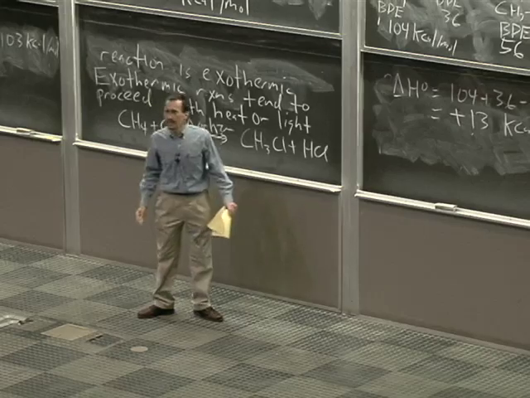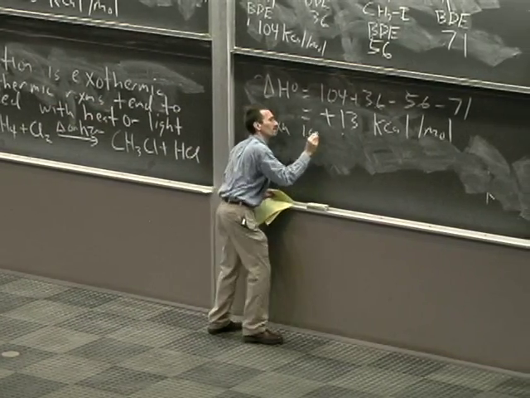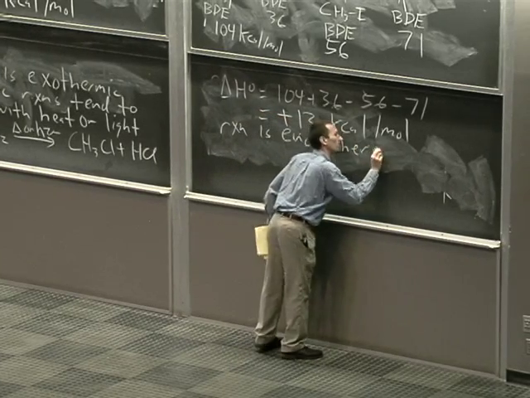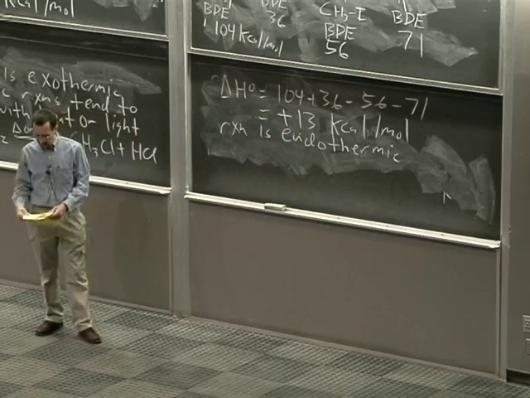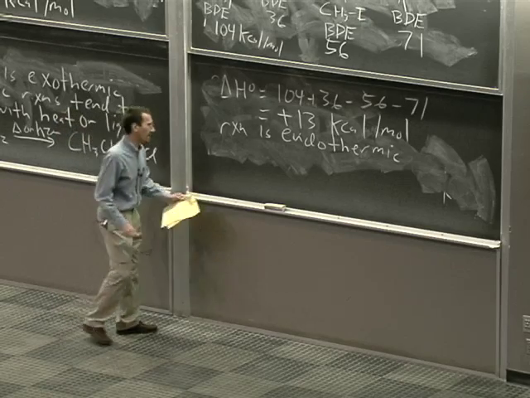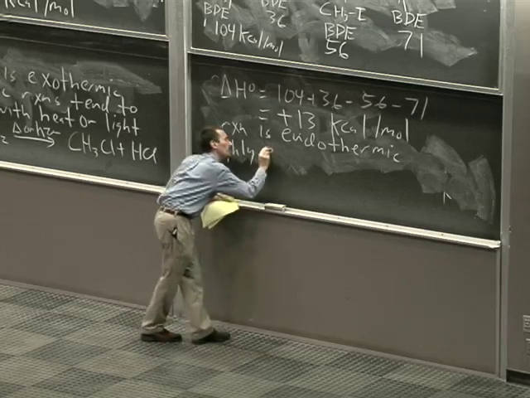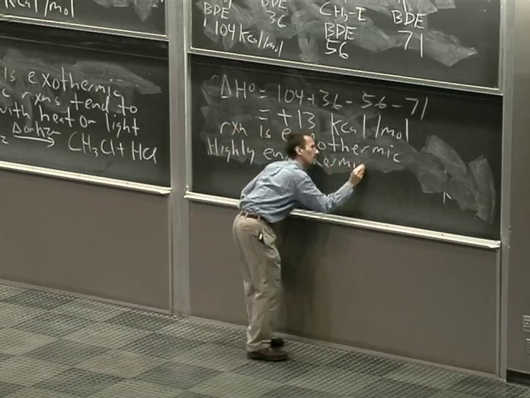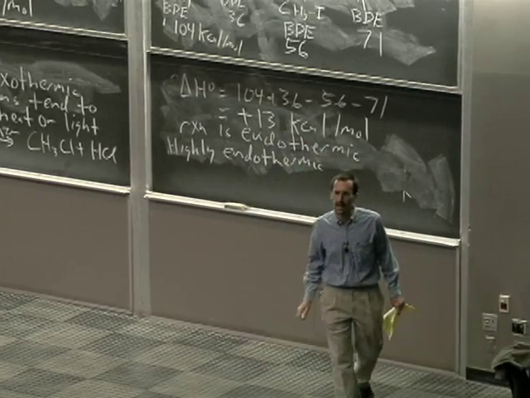The reaction is endothermic. And endothermic reactions tend not to go. Highly endothermic reactions tend not to proceed. And as I said, 10 kilocalories per mole, 13 kilocalories per mole.